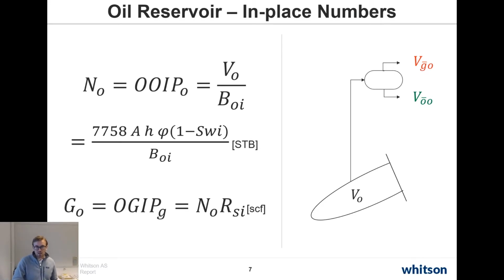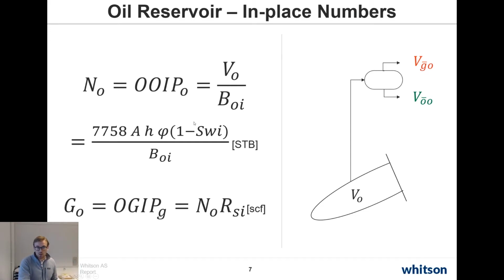And here we see the famous BO, or the BOI, that is required for us to actually calculate the original oil in place, which always has the units of stock tank barrels, surface volumes. The same goes for gas.